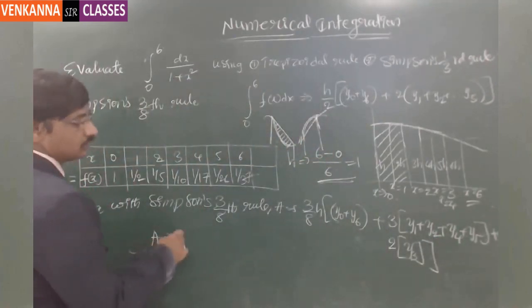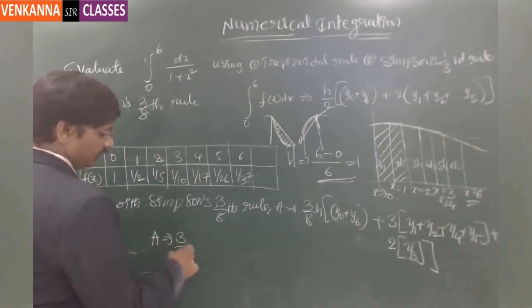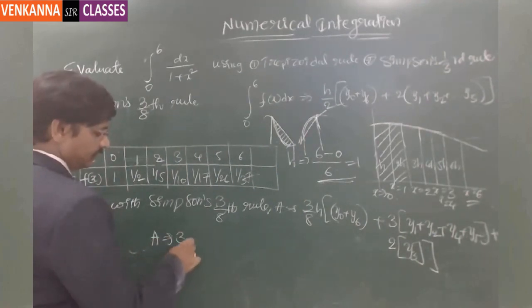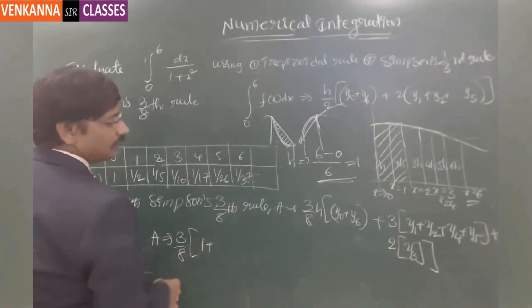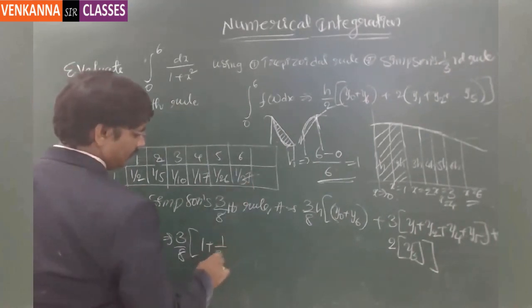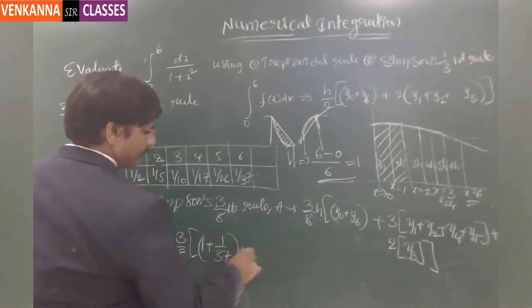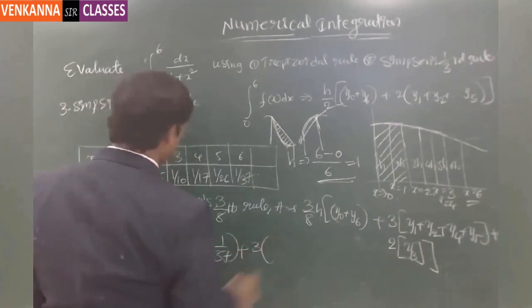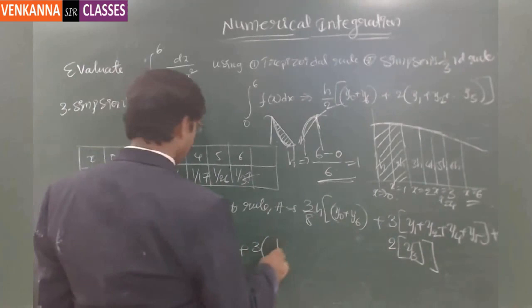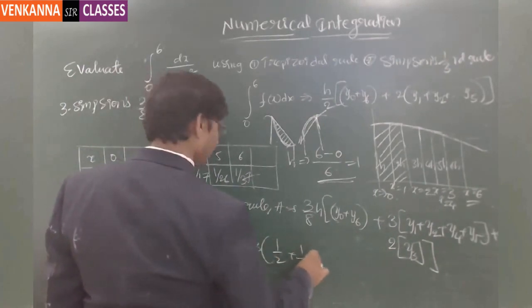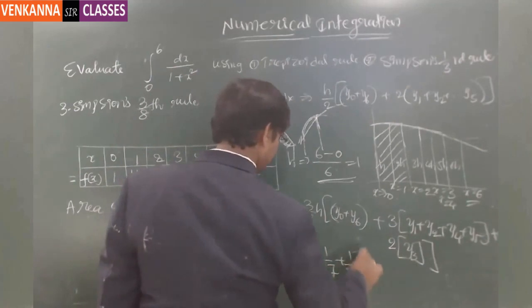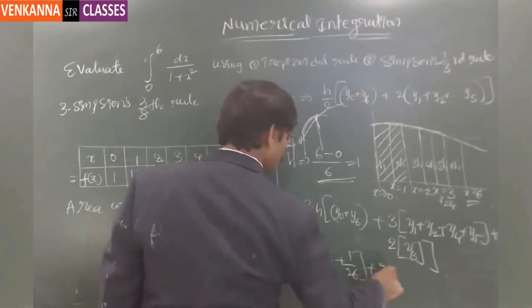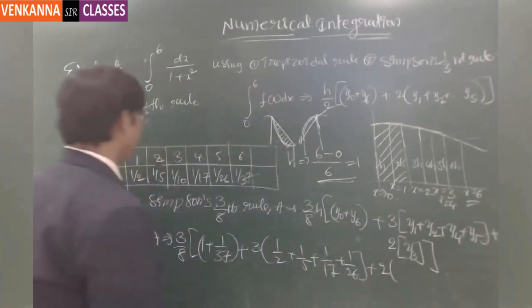So this area is going to be 3/8 times of H, which is anyway 1, and then y0 value is 1, and yn value is 1/37, plus 3 times of y1 is 1/2 plus 1/5 plus 1/17 plus 1/26, plus 2 times of 1/10.